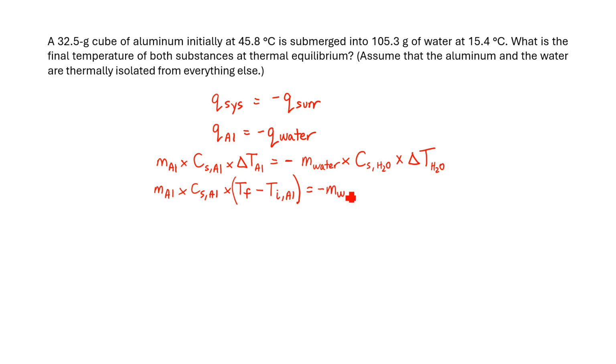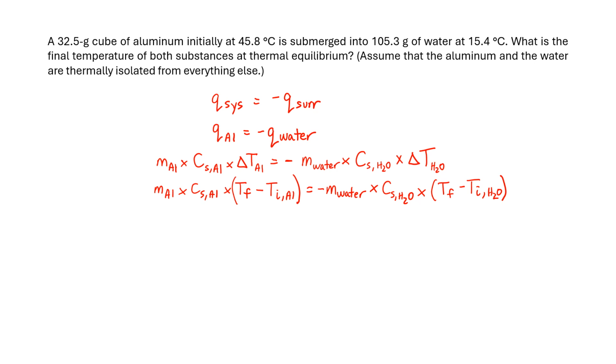I could do the same thing on the right side, where I could say the mass of water times the specific heat of the water times the final temperature minus the initial temperature of the water. Okay.